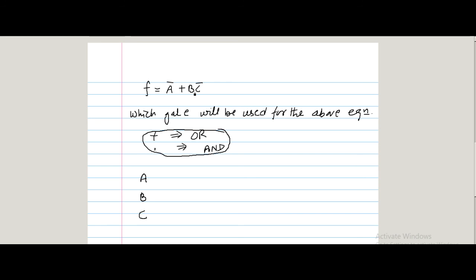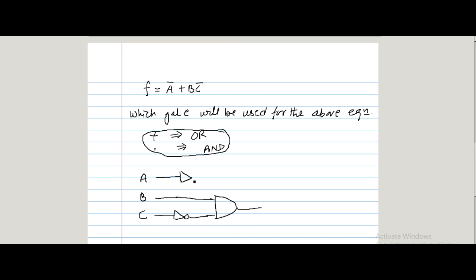And for A, again we will calculate using the inverter gate, A complement. These two, A complement and B C complement, will then act as inputs to this OR gate, and the final expression will be evaluated like that.